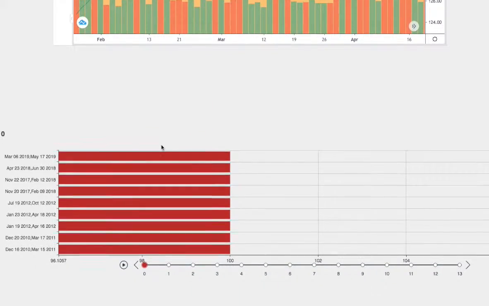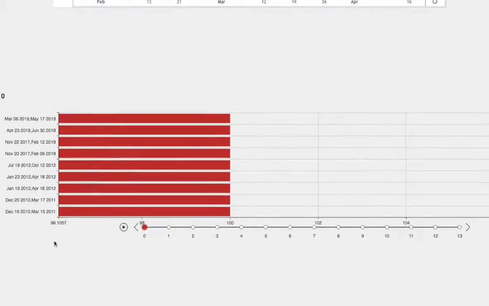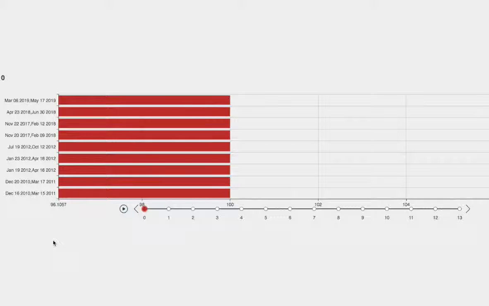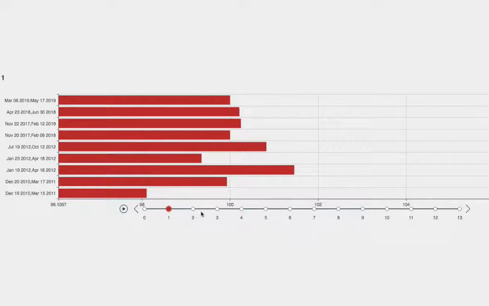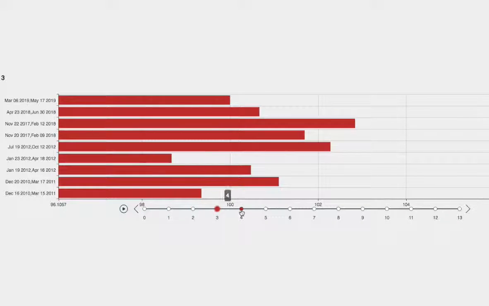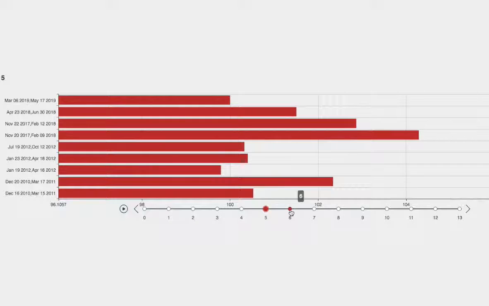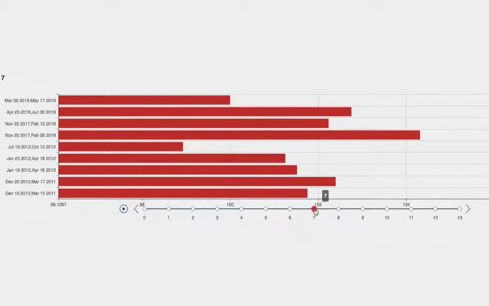So let's check the forecast model. I'll go day by day where the S&P 500 went back in 2012. So 1 day out, 2 days out, 3 days out, 4 days out, 5 days out, 6 days out, and 7 days out.